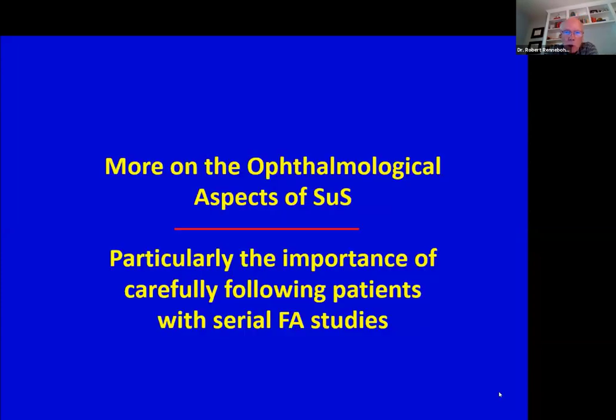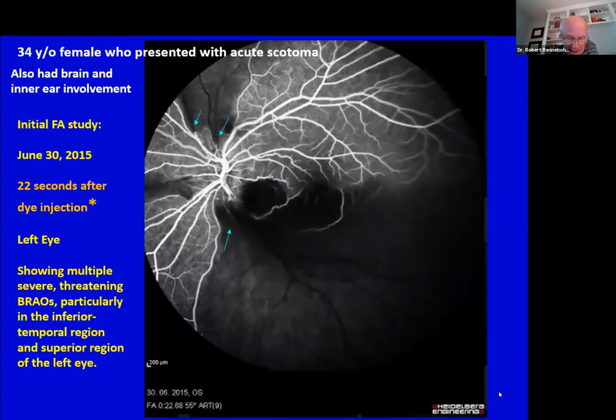Now let's focus more on the ophthalmologic aspects of Susac syndrome, particularly the importance of carefully following patients with serial FA studies. These next several slides share instructive details about the 5-year clinical course of Susac retinal vasculopathy experienced by a 34-year-old female who presented with acute scotoma and also initially had brain and inner ear involvement.